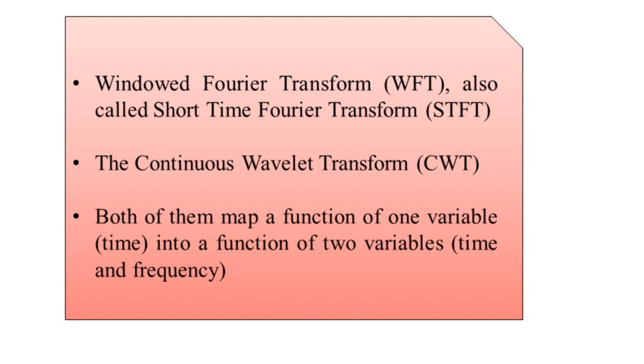For example, if we have a large value of the transformed representation near a time parameter and a frequency parameter, this is interpreted as the signal under consideration containing a large component with the frequency omega near the time t.